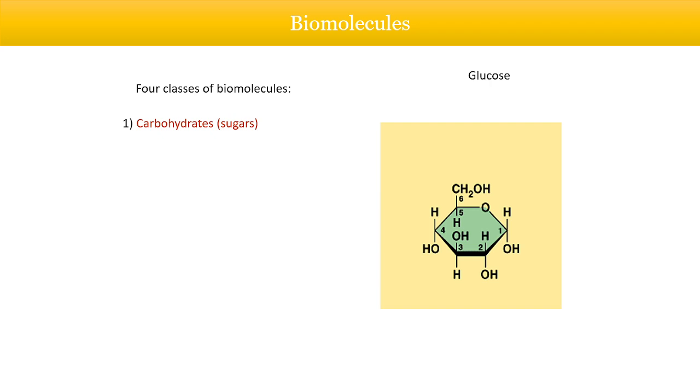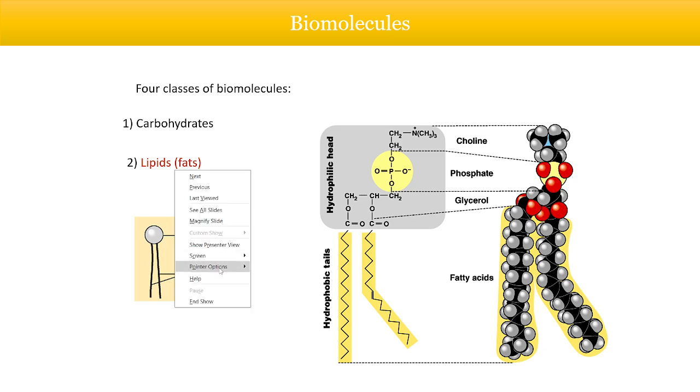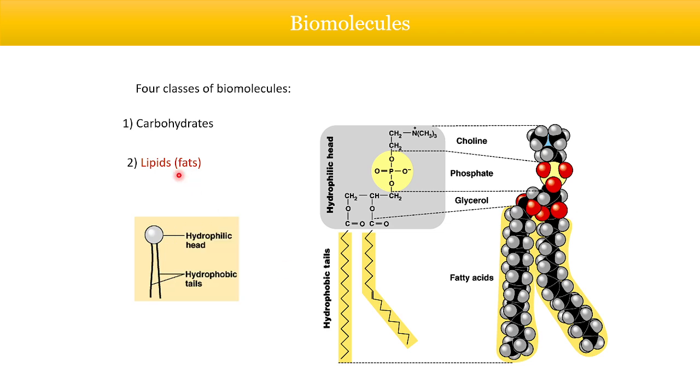One category is carbohydrates, the other one is lipids. Lipids are molecules which we also know as fats. Lipids have a hydrophilic head that remains on the outer surface for interacting with the water, and hydrophobic tails that remain on the inside of the membrane, giving it a rigid structure.